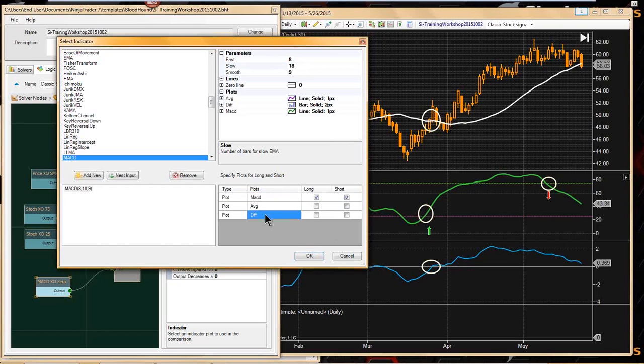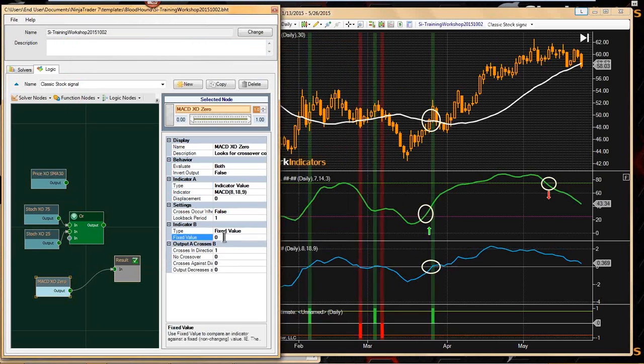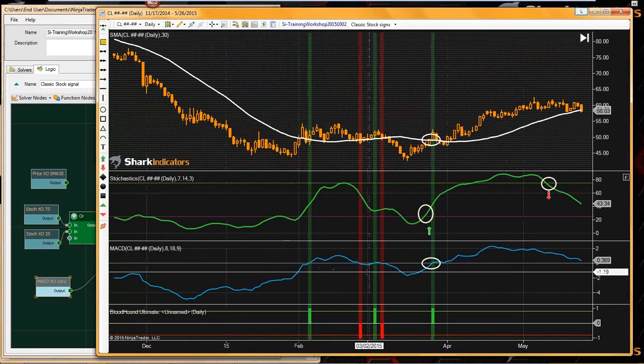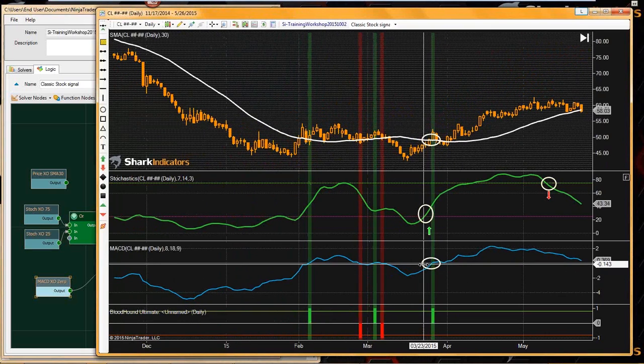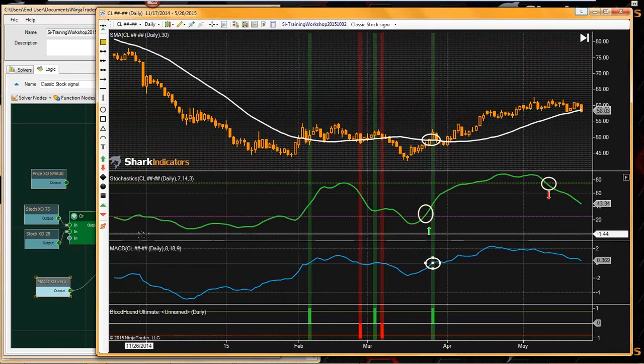If I wanted to use the histogram, I could come down here and just select the diff plot. That's the histogram for the MACD, but let's use the MACD line. And now down here in indicator B, that's going to be the zero value. So let's put it on fixed value, and it's on 0. All right, so we can see we're getting signals whenever the MACD crosses that 0 line there.